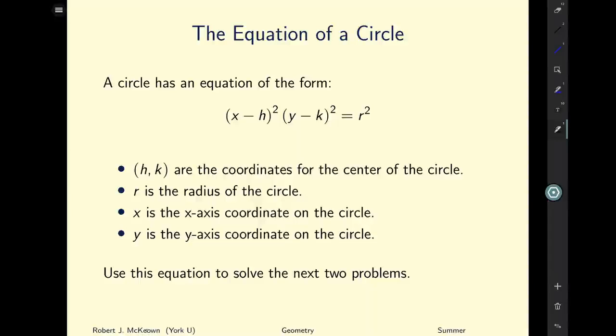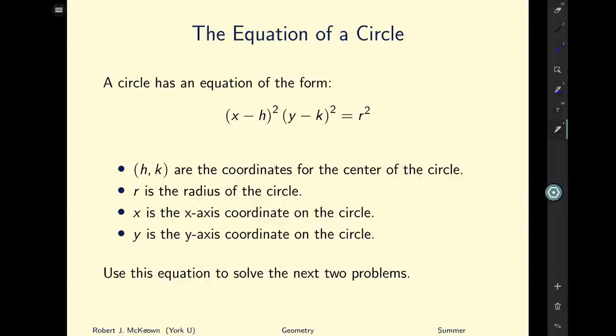The form here is very important. Our x's and y's, these are our x-axis and y-axis coordinates. So those are often unknown variables, they're placeholders. Whatever the coordinates of the circle are, that's where we're going to find them.